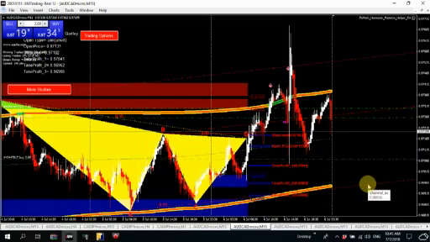Bottom Cipher channel, top Cipher channel. Price hits the Cipher channel at the top, then price bounces back. So where is price going after it hits the Cipher channel at the top? Price is going to the Cipher channel at the bottom.